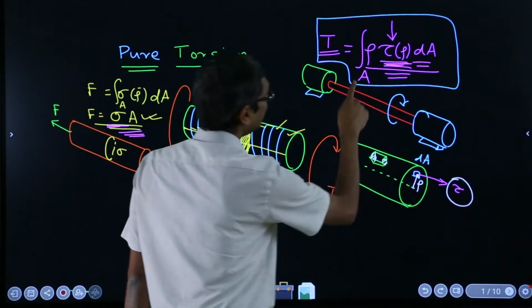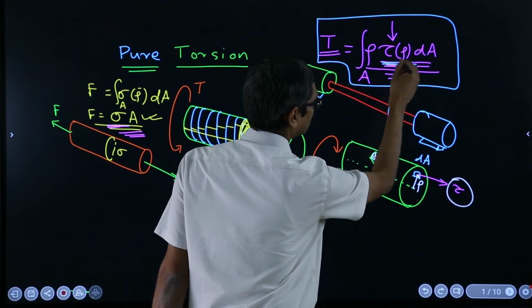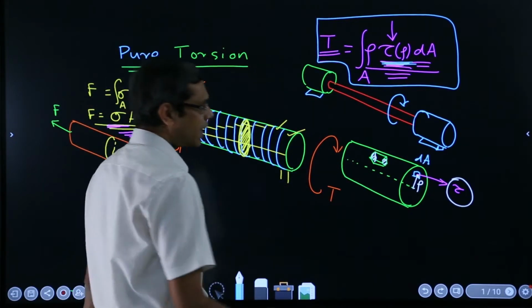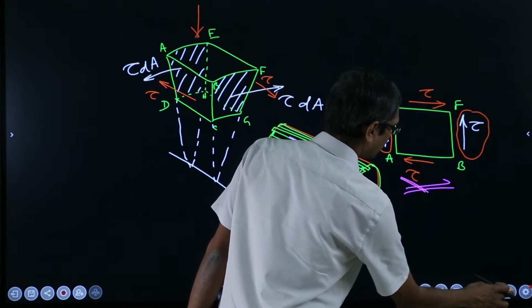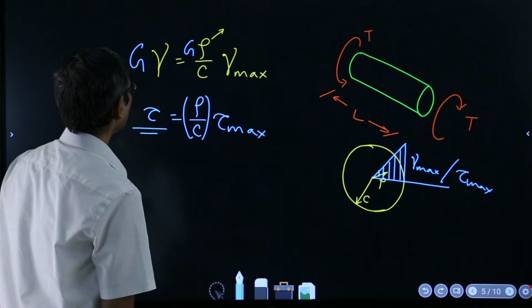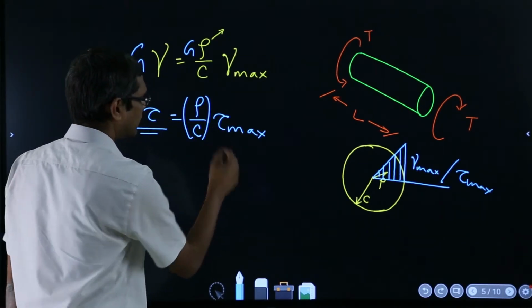At that time we did not know how the shear stress varies with distance or the radius, and now we have come to a stage where we have this expression which tells us how tau varies with rho.